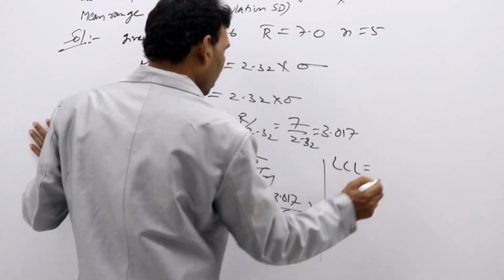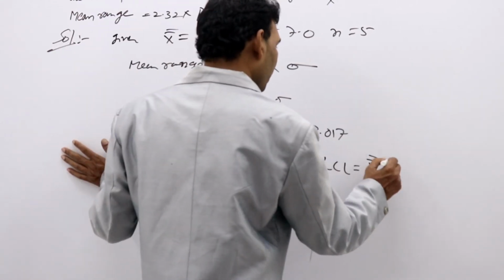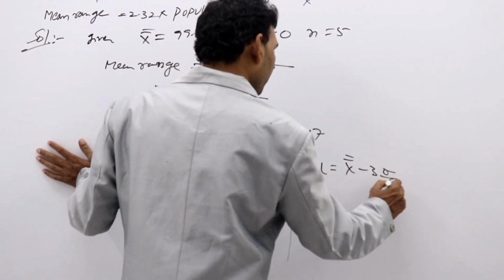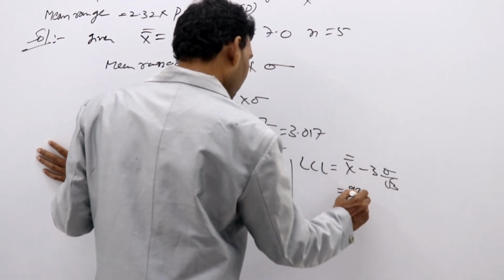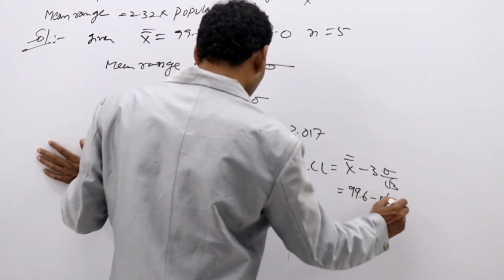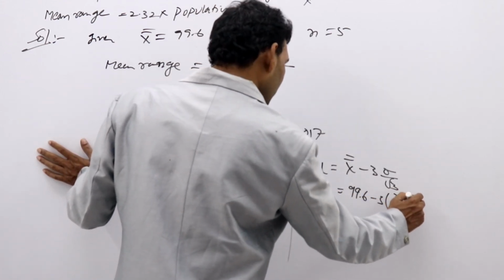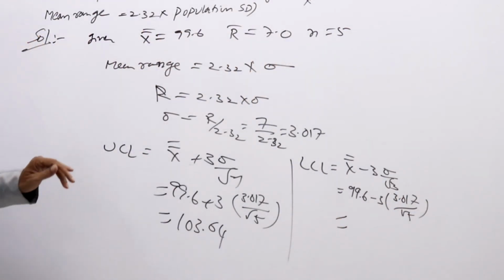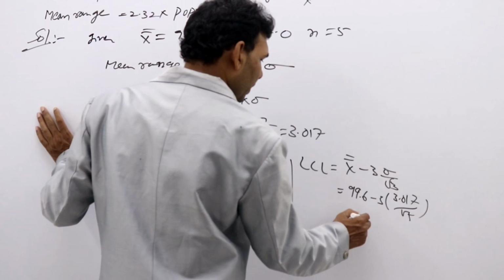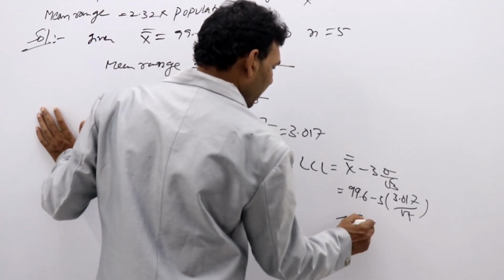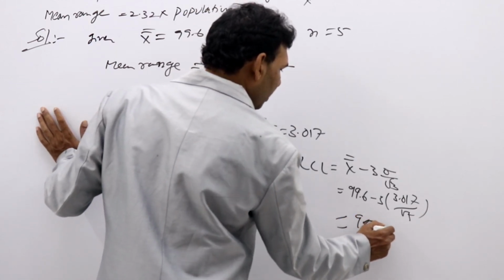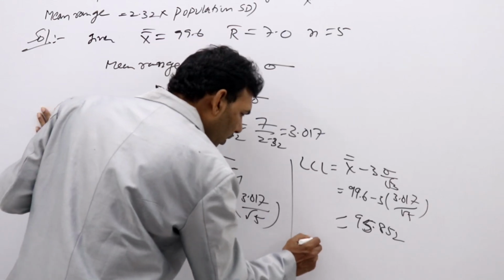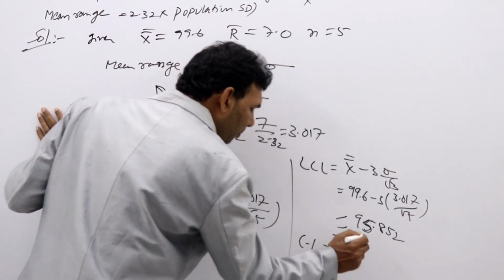And the lower control line will be X double bar minus 3 sigma by root n, that is 99.6 minus 3 into 3.017 by root 5. You will get LCL 95.852. And the control line is X double bar.